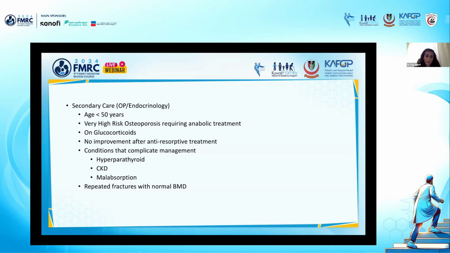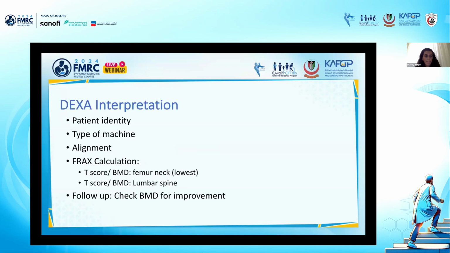Patients with very high risk osteoporosis, on glucocorticoids, who are not improving on treatment, or where the patient's condition complicates the treatment, for example hyperparathyroid patients, chronic kidney disease patients, and patients with malabsorption conditions. If the patient repeatedly fractures with a normal BMD, for example their bone density is normal but they fracture, these patients should also be referred to follow up with endocrinology. Okay, now the second part is the DEXA interpretation.